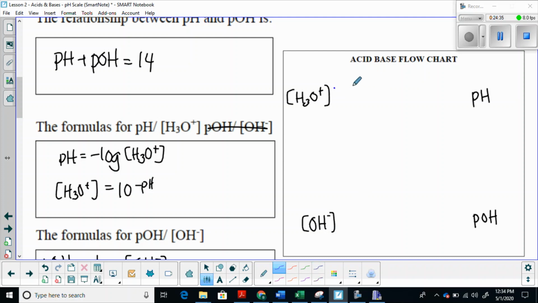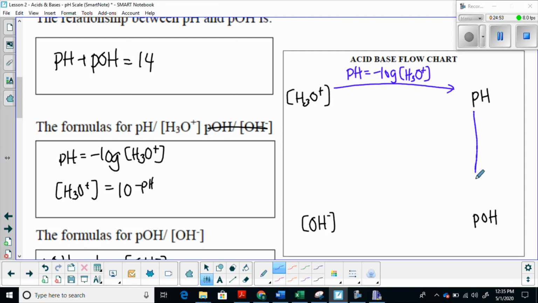Okay, to go from hydronium to pH, pH is equal to negative log of your hydronium concentration.